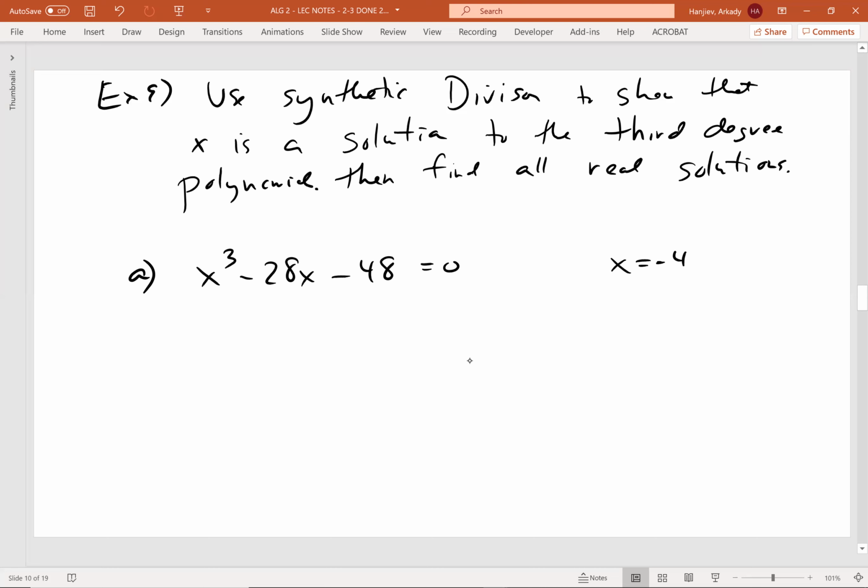We can do it one of 2 ways. So to show that x equals -4 is an answer to this.